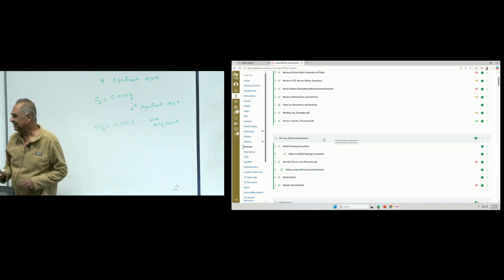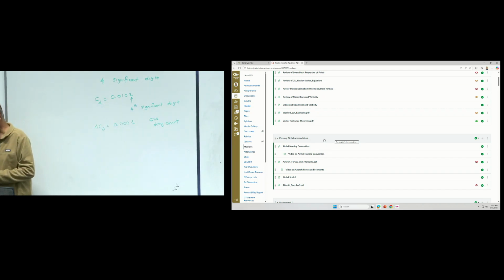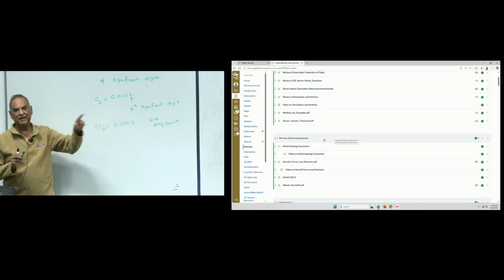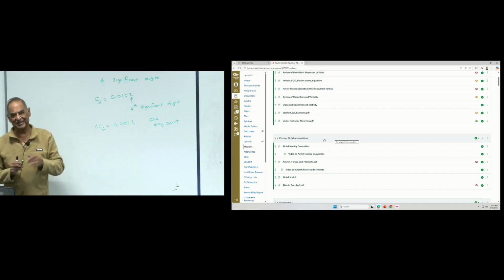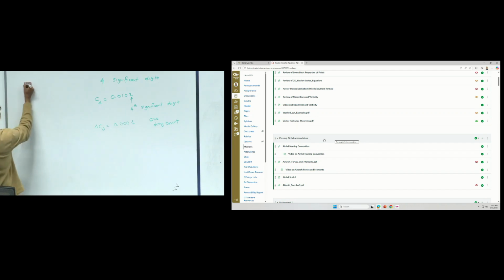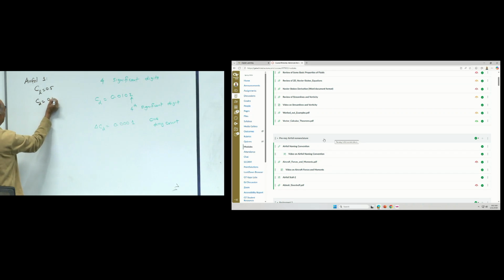One drag count, okay? So engineers pay very particular attention to the last digit, the fourth digit in the CD. Because let's say airfoil 1 has got a CL of 0.5, CD of 0.0102.